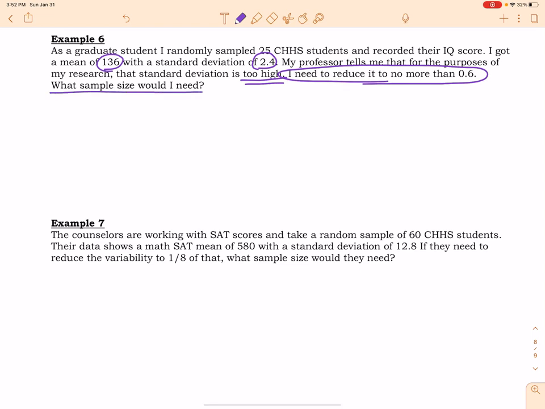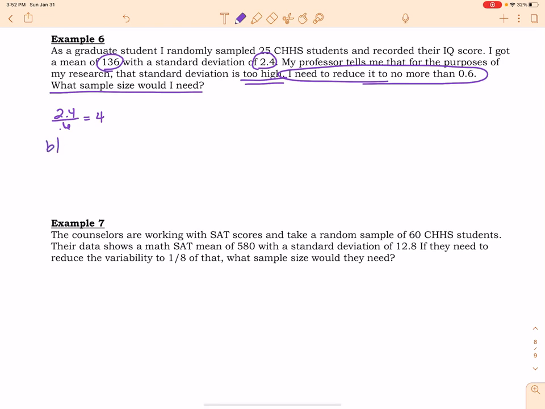Okay, there's a couple of different ways you can go about this, all right? And it really doesn't matter to me which way you do it. One of them is complicated, one of them is fairly easy. So you can think about it this way. If you just divide 2.4 by 0.6, you will find that 0.6 is 1/4 of 2.4.